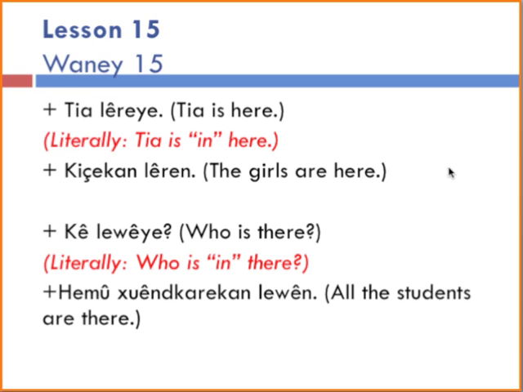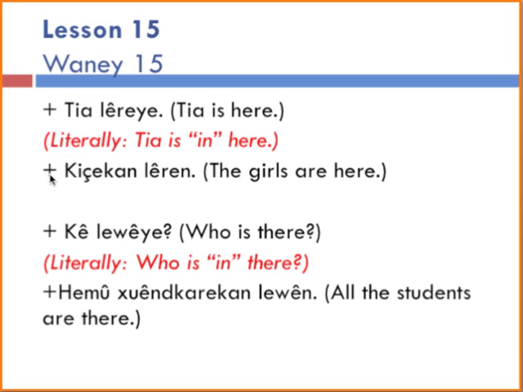Yeah, so look at the first one. Tia is a name. So that's actually my niece. Tia Leer, she was actually here a couple minutes ago. Tia Leer, Tia is here. So literally you are saying Tia is in here.